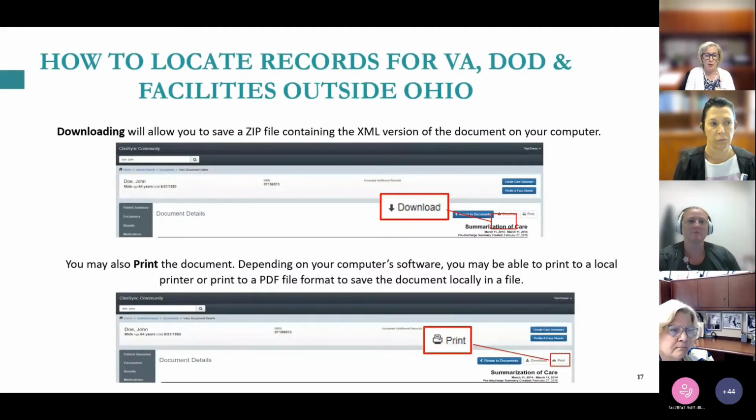Or you can go ahead and print the document, and depending on your computer software, you'll be able to print to your local computer, or as I said before, you can also print to PDF from there also. And then you can save your document, print your document, either way. Next slide.